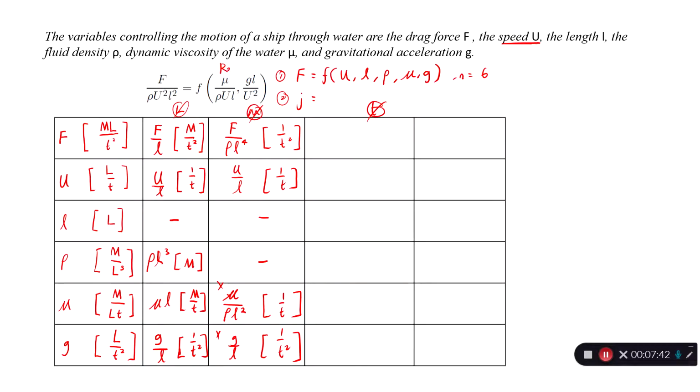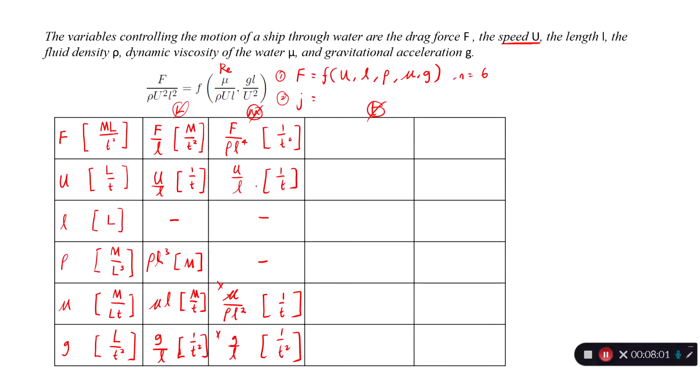So this is your Reynolds number, for example. So there's a reason why these are chosen. But like I've said before, I don't expect you to know. So if, let's say, you were not given this final expression and you chose G over L, then you will still get the full marks. Okay, so let's move on.